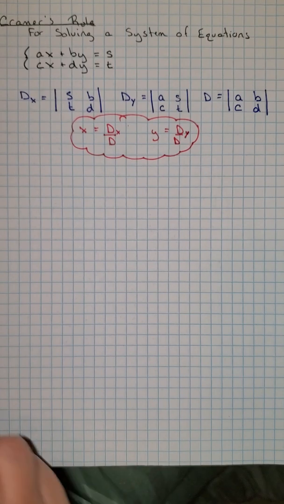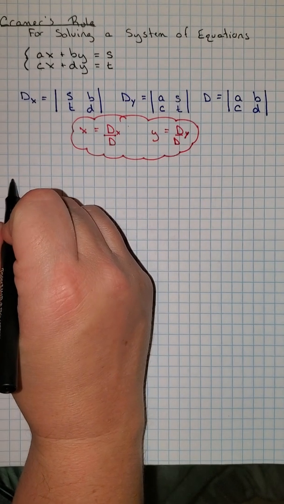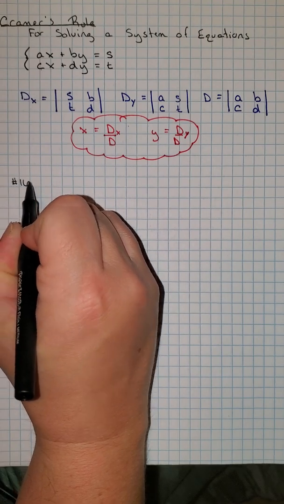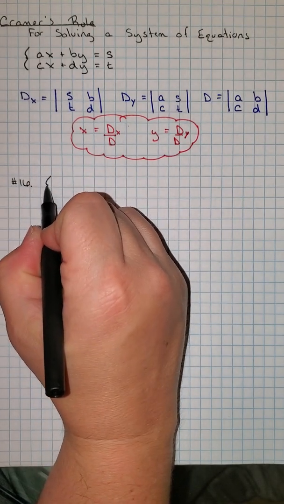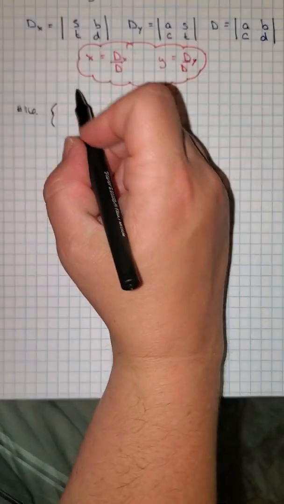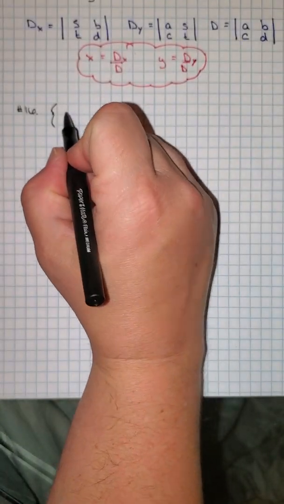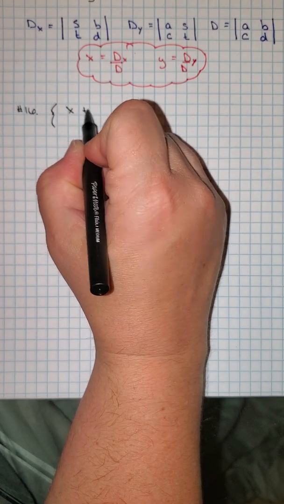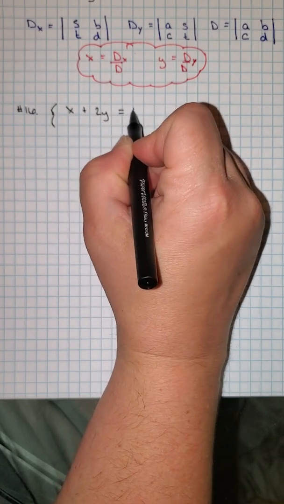All right, so let's look at number 16. Okay, number 16, you have a 2 by 2 system of equations. We have x plus 2y equals 5.